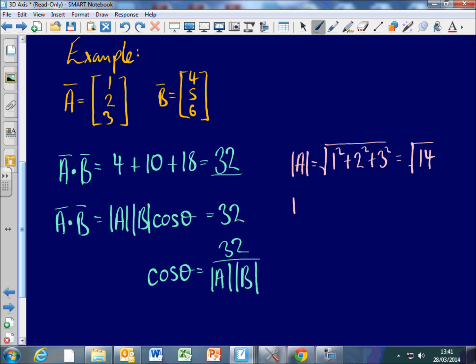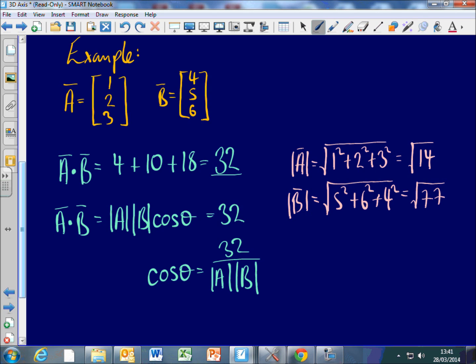And the magnitude of B is 4 squared plus 5 squared plus 6 squared. Sorry, I missed one out. Okay. So that's 16 plus 25 plus 36. So what's that? 77. Are you sure about that? Yeah, 77. Okay, go on.